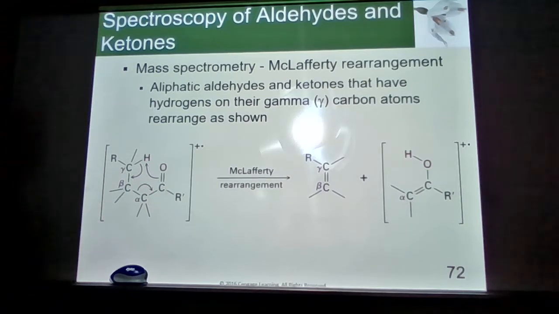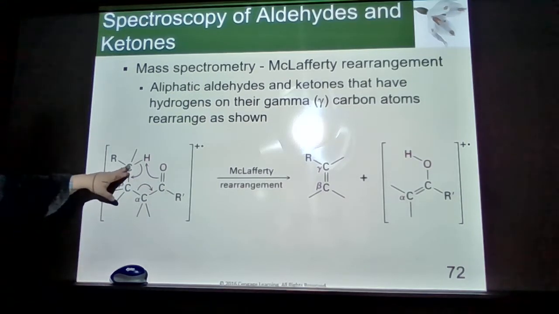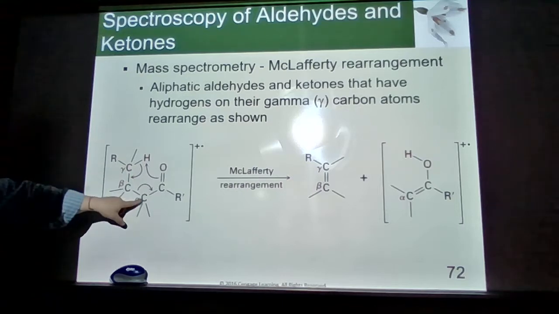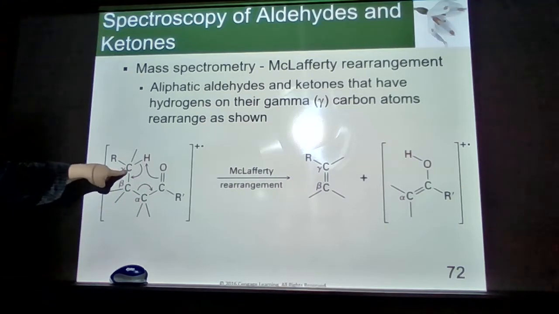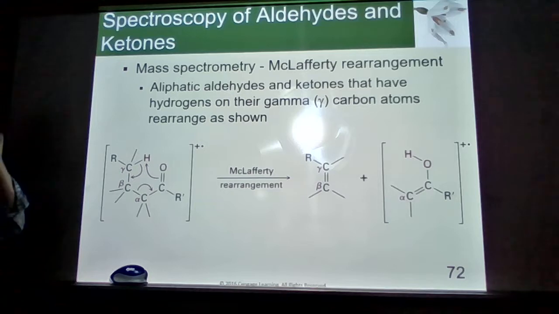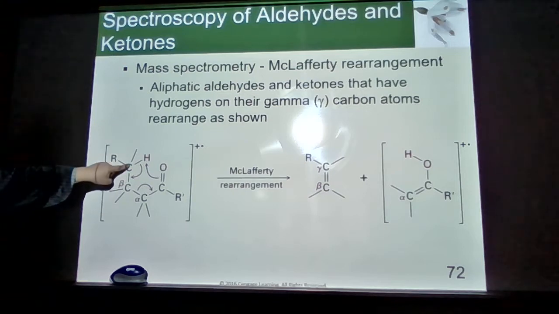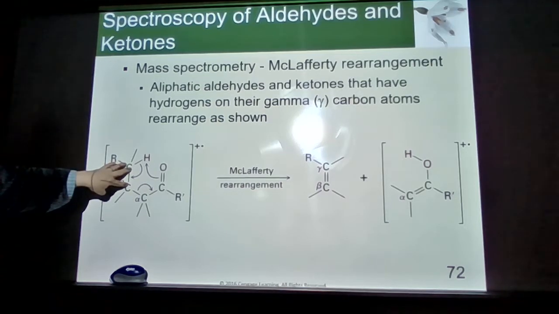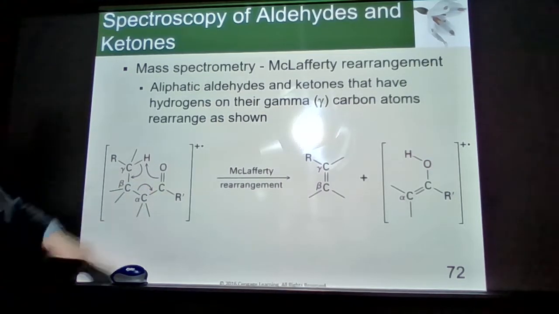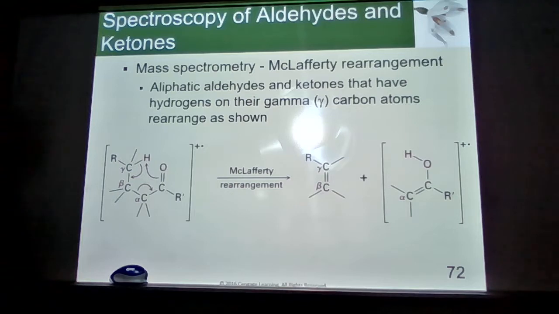Aliphatic aldehydes and ketones that have hydrogens on the alpha, beta, gamma, 3 carbons away from the C double bond O can undergo what's known as the McLafferty rearrangement, to give you the beta gamma alkene and the corresponding carbonyl containing compound.